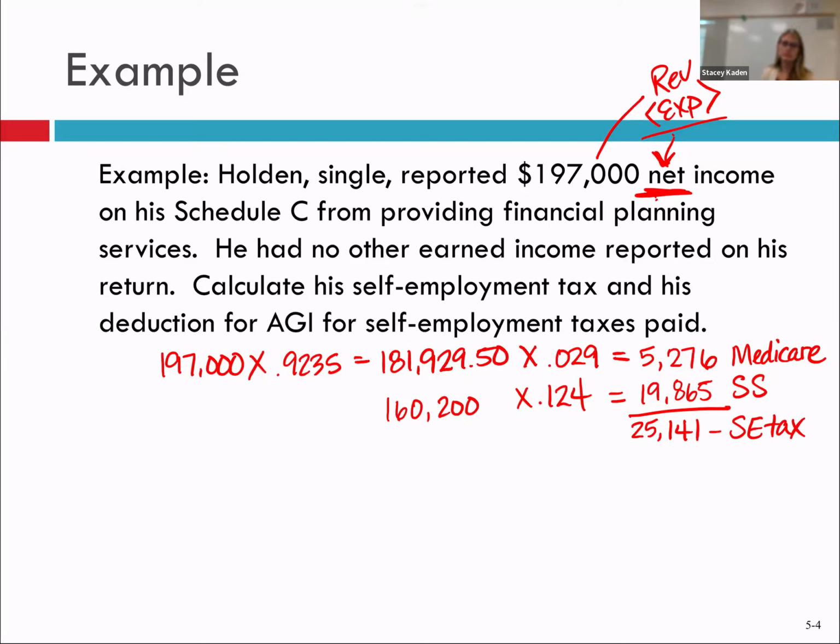So great news if you're self-employed, you have to pay income tax on the 197,000. And also on your tax return, we're going to add 25,141 in. Where does that go in the formula?